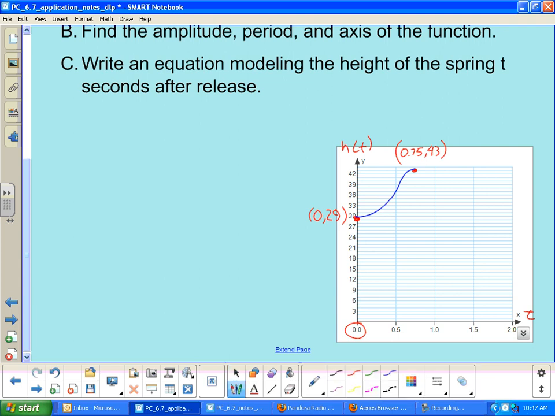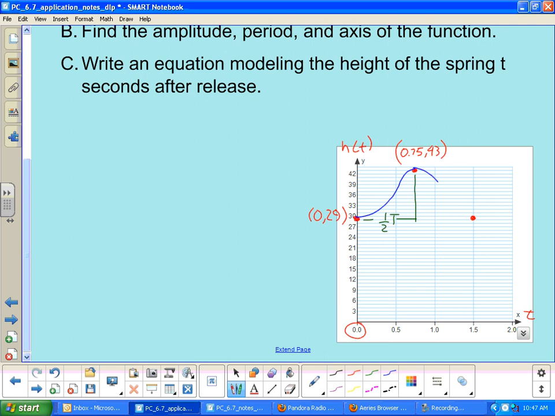Max to min is always half your period. So if it took us 0.75 seconds to get to the max from the minimum, it's going to take us another 0.75 seconds to go back down to the minimum. So I'm going to finally get out here: 1.5 seconds, back at 29. And the curve would then come back down to its minimum. So there's our spring action.